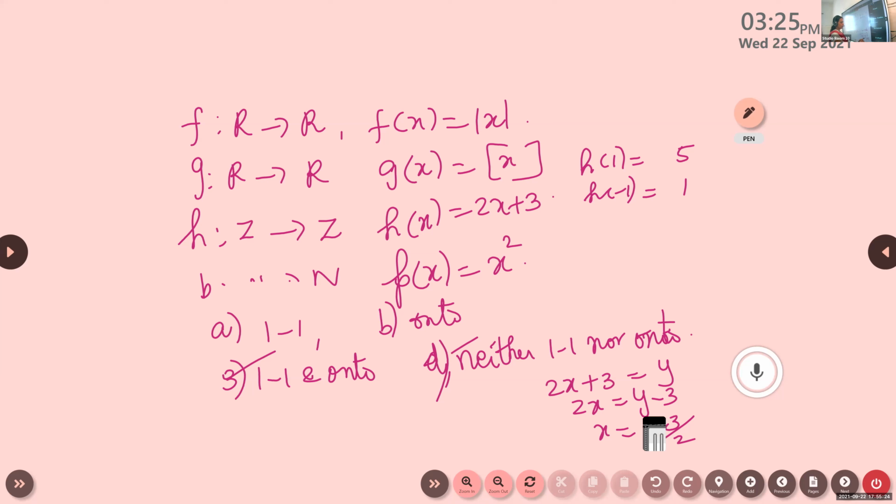Suppose I give y as 6. Suppose the y value is 6. What is the value of x? Emmanuel, when y is 6, what is the value of x? How will you get 15?